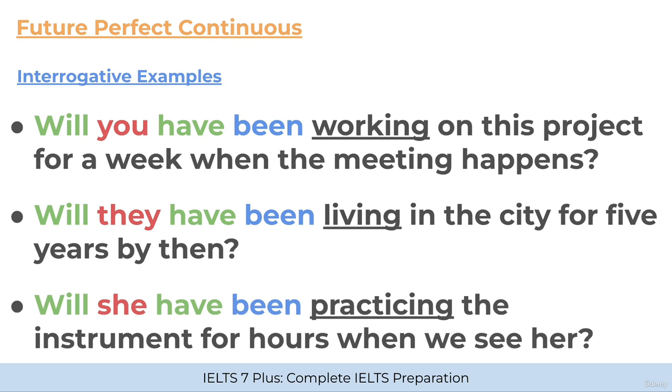Will she have been practicing the instrument for hours when we see her? Okay, so just like before, if you wanted to swap it back to affirmative sentences, you can swap the subject and will, and then it goes back to a positive sentence there. So it's quite a straightforward switch for questions.